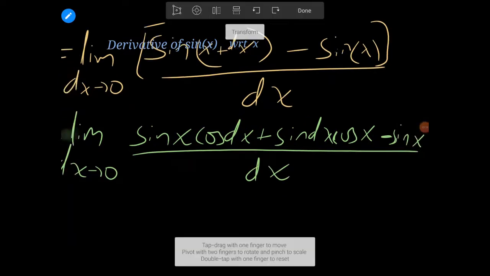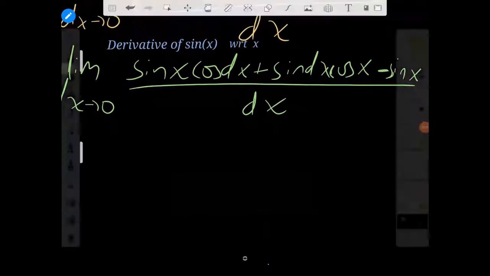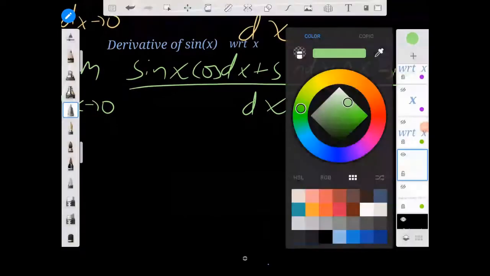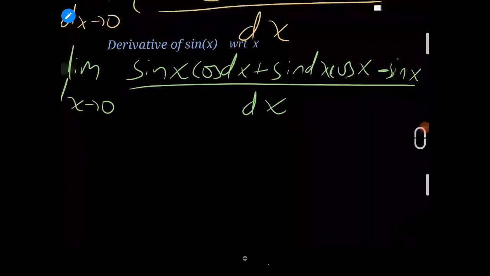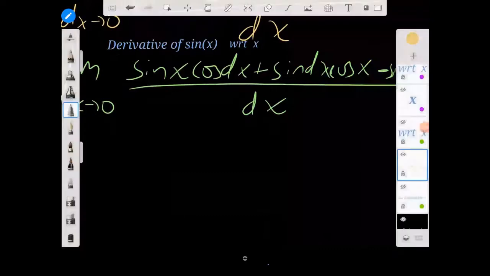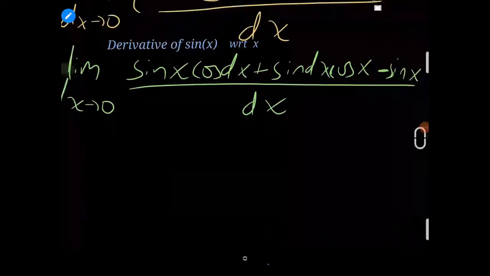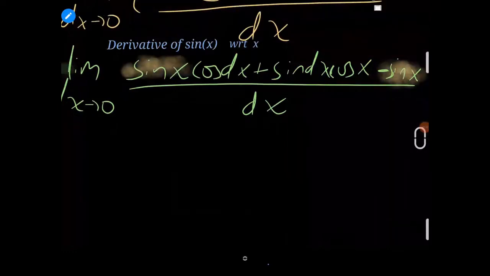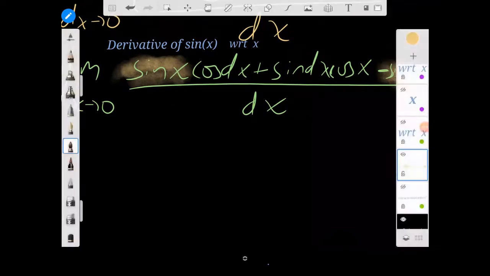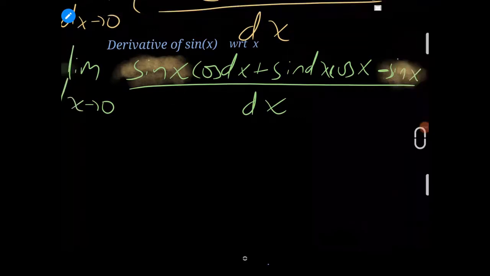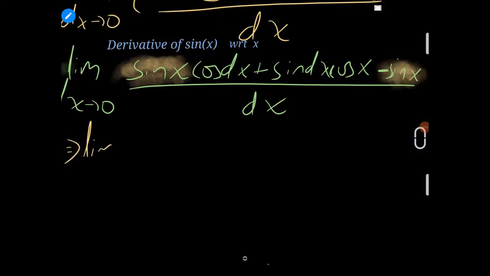Now look at the expression carefully, and you will see that there's a sine x here and there's a sine x here. So I'm taking these common, minus sine x common.